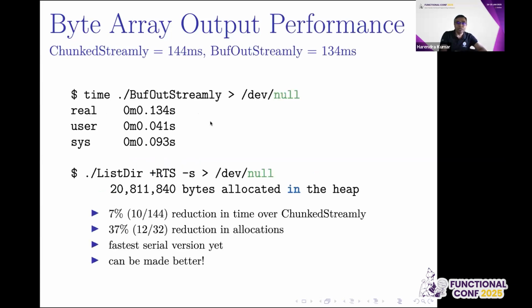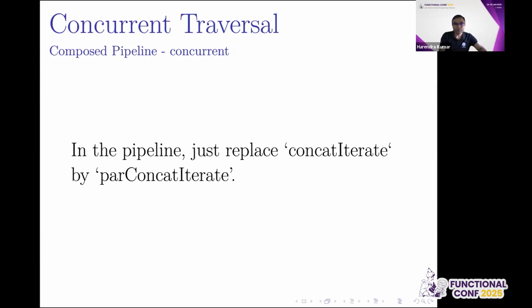Now with that, we are down to 134 millisecond, 20 MB allocations. So we got nice reduction in allocations, 7% improvement over the chunked Streamly version before. This is the fastest serial version of the program yet. It can be made better. Still, there are some improvements in the pipeline, but probably not a lot. 15, 20 millisecond more we can shave off from this.